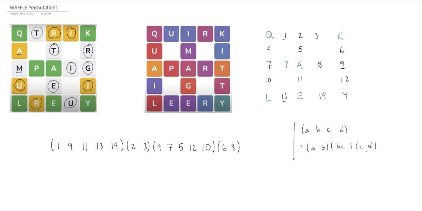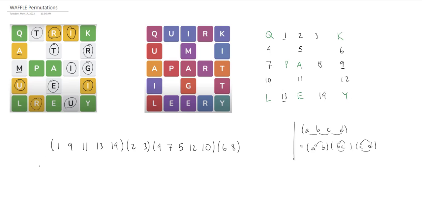Where does A go? Well, fixed, fixed, A goes to B, perfect. Where does B go? Well, B goes to C. Where does C go? Well, C goes to D. Where does D go? Well, D goes to C goes to B goes to A. So D goes to A, hey, perfect.